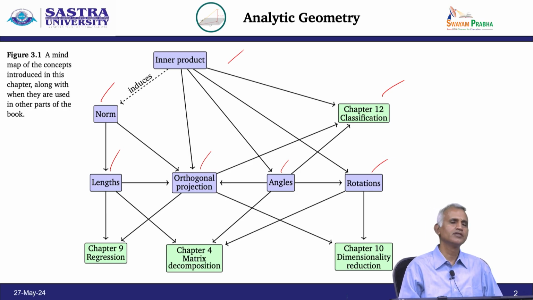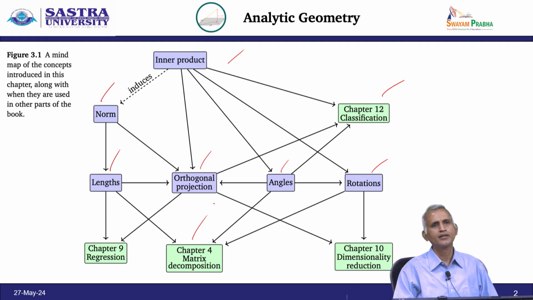There we have to insert these ideas, and if you have the inner product, the angle between two vectors is most important. Based on the angles, we have to rotate in all directions. Once you know rotation, angle and orthogonal projection, we have to apply matrix decomposition.